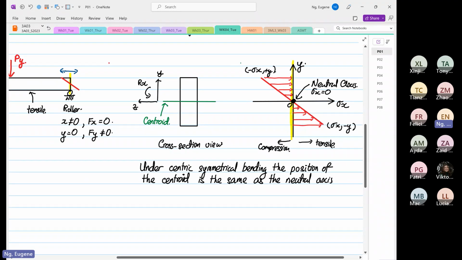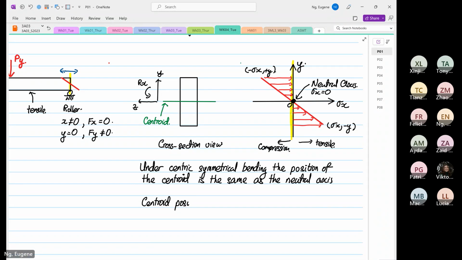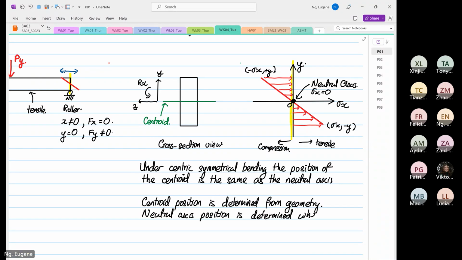Okay, remember the centroid position is determined from geometry, whereas the neutral axis position is determined when the normal stress X is equal to 0. So one is determined by geometry, the other one is determined by stress field.